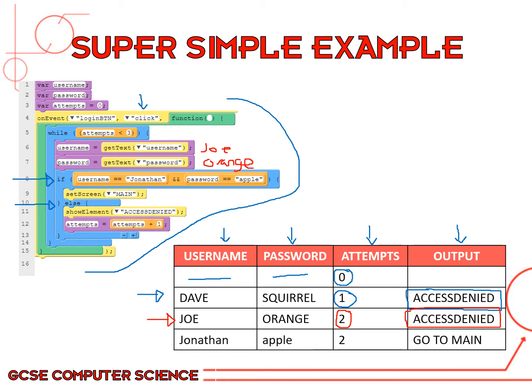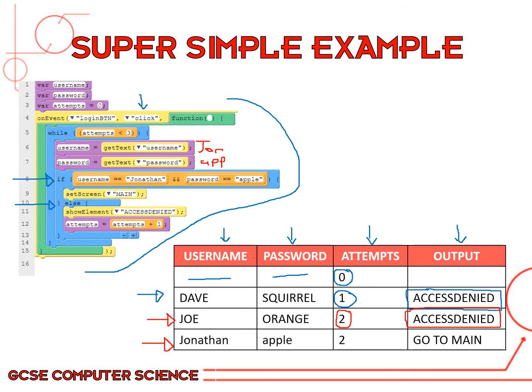We go back to the beginning of the loop. Attempts is still less than 3 because it's 2. So this time we get one last chance to input the correct information. So this time we're going to write in the correct information to our 2 variables. So we're going to write in Jonathan, I'm just going to put John for short, and Apple.